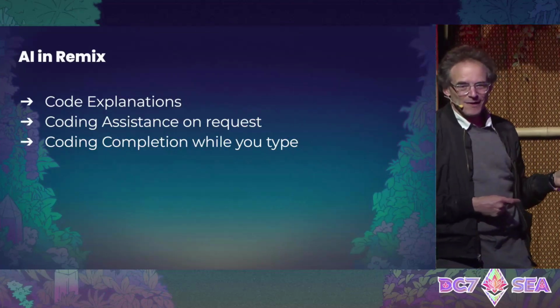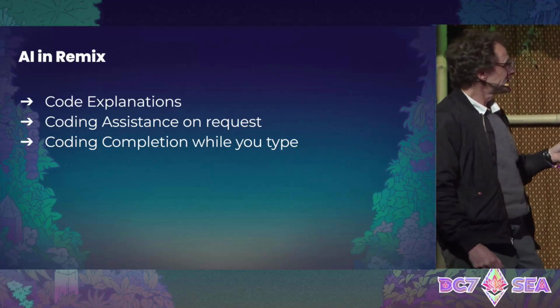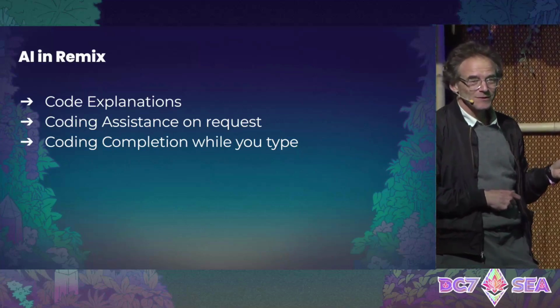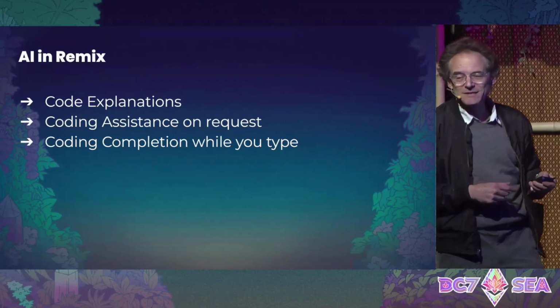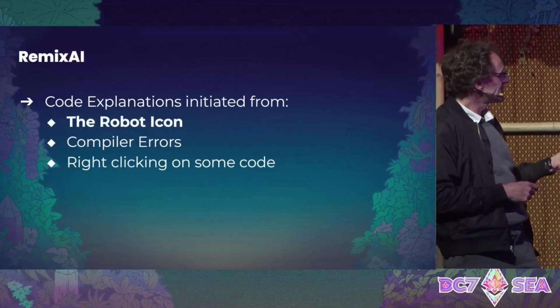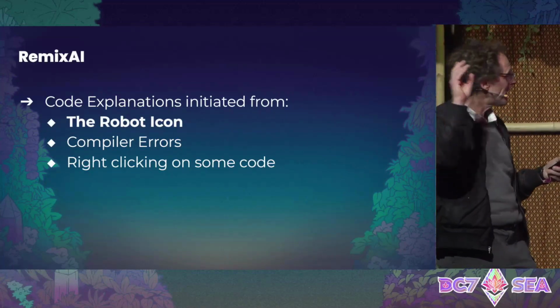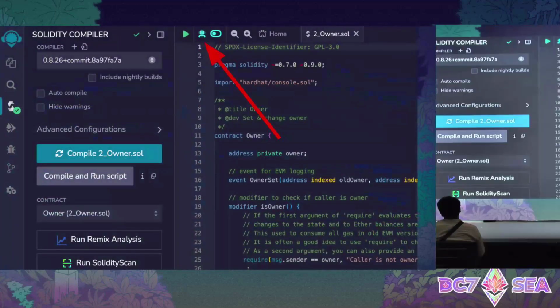So now there's a bunch of AI updates in Remix. There are code explanations, code assistance on request, and code completion while you type. The code explanations are initiated from the robot icon, the compiler errors, and clicking on some code. Has anyone looked at the robot icon and wondered what that's all about?